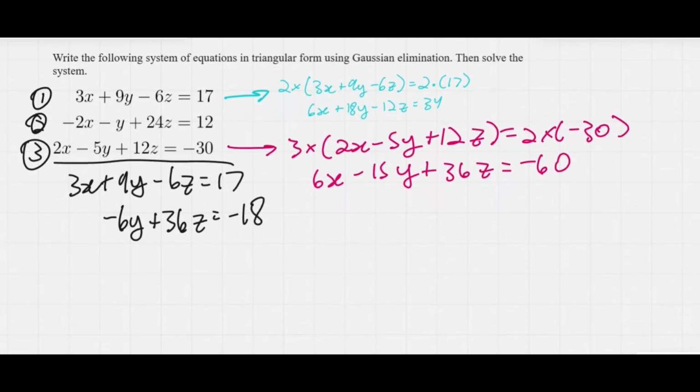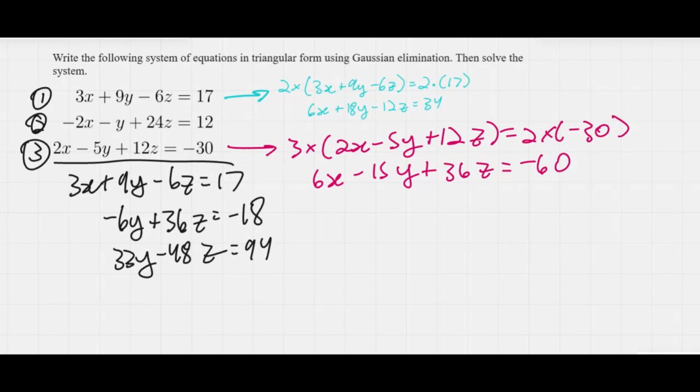So I'm going to do this back in black. So 6x minus 6x, that's just going to be 0. 18y minus 15y, well, that's going to be 33y. And then negative 12z minus 36z, well, that's going to be negative 48z. And then 34 minus negative 60, that's going to be equal to 94. All right, or actually, sorry, I think I made a slight mistake here.